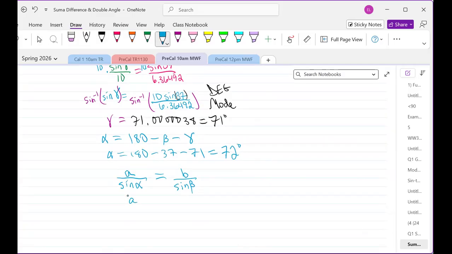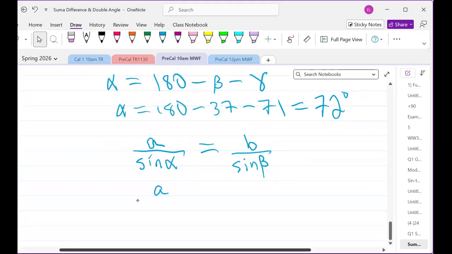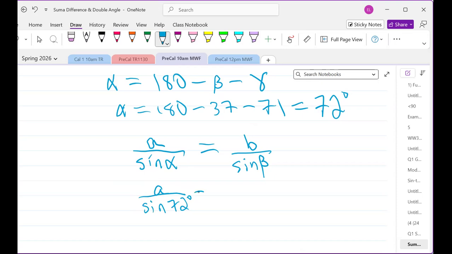So I don't know A, but I know that alpha is 72. So I have A divided by the sine of 72 degrees equals B, which is 6.36492, over the sine of 37. So I multiply both sides by the sine of 72.